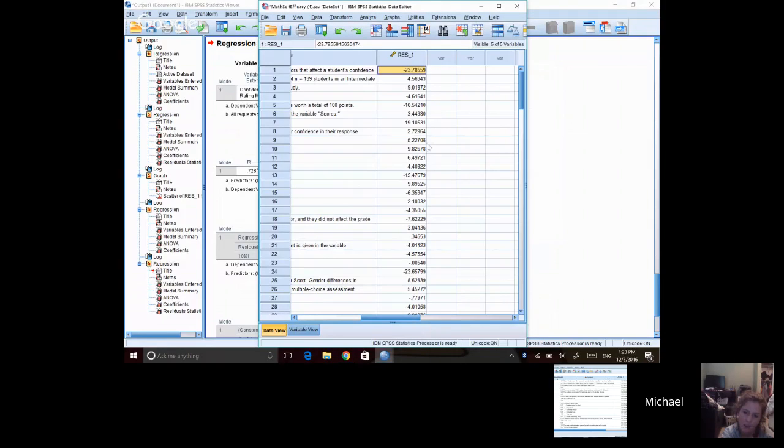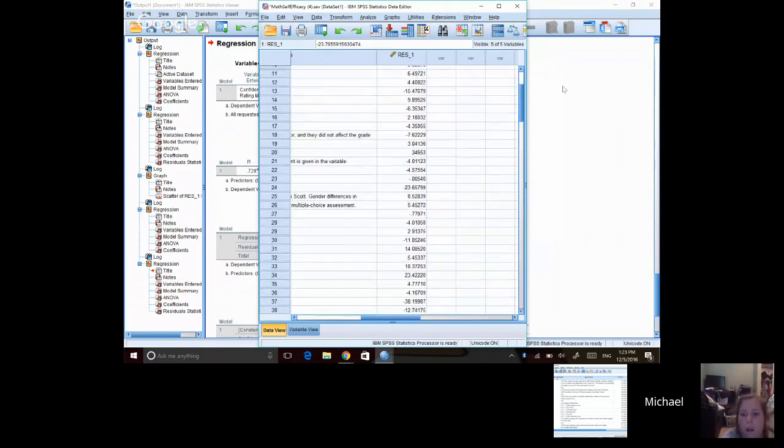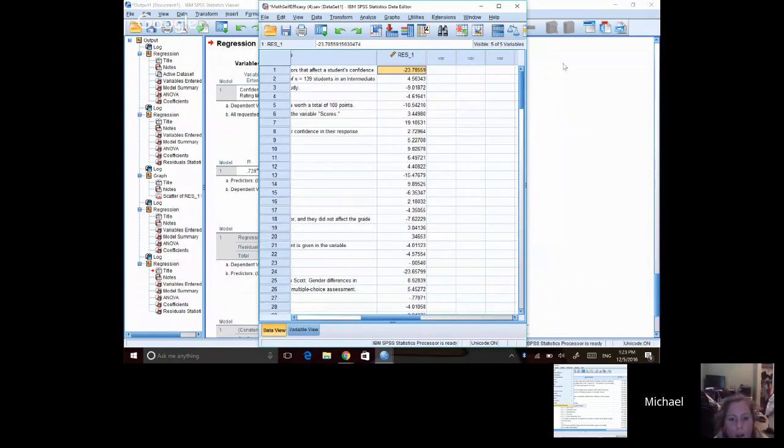It gives me the same. Your residual shouldn't be predicting your score. Your residual should be the difference between your y and your y hat. What am I doing wrong?